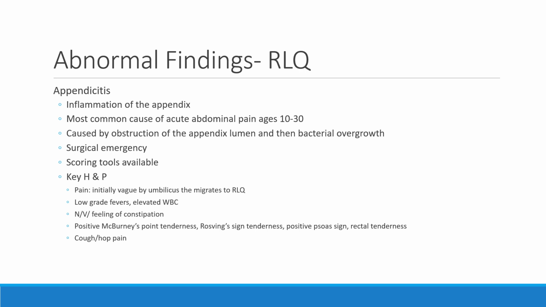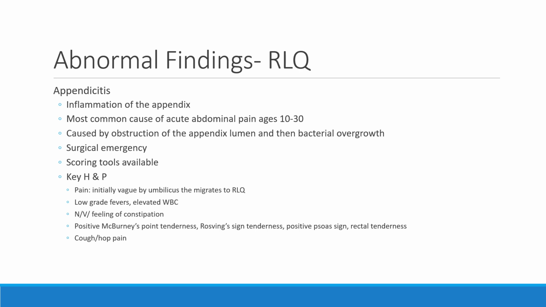Key history and physical findings include pain initially vague and by the umbilicus and then migrates to the right lower quadrant. Patients can even have episodes of vague pain and then periods where the pain is gone and then returns and migrates to that right lower quadrant.